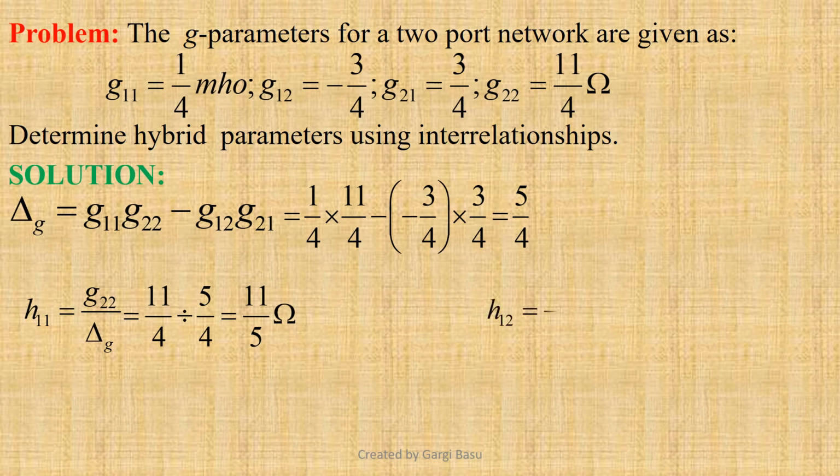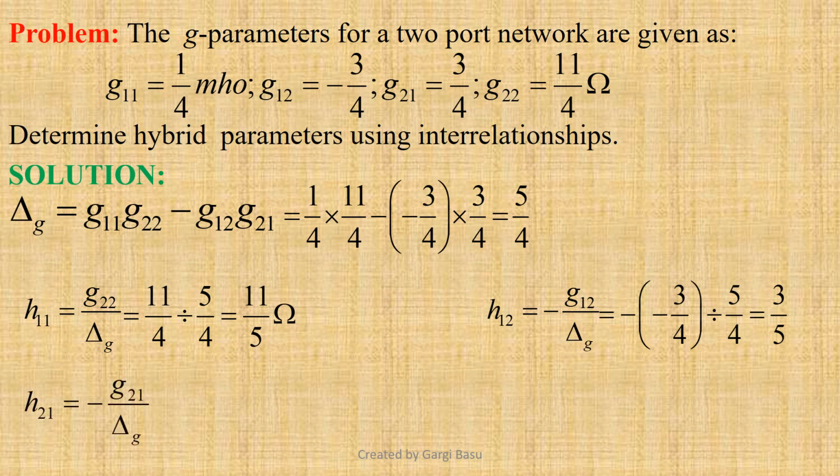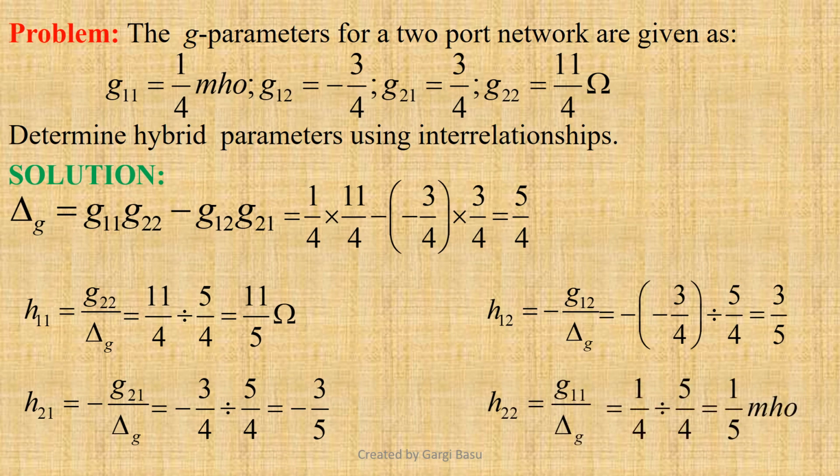H12 = -G12/delta G = -(-3/4) divided by (5/4) = 3/5. H21 = -G21/delta G = -(3/4) divided by (5/4) = -3/5. H22 = G11/delta G = (1/4) divided by (5/4) = 1/5 mho.